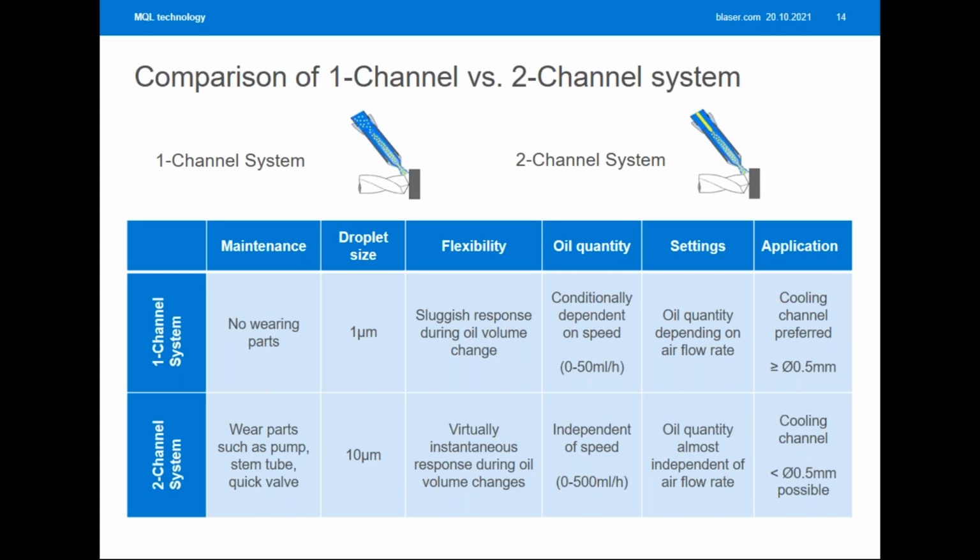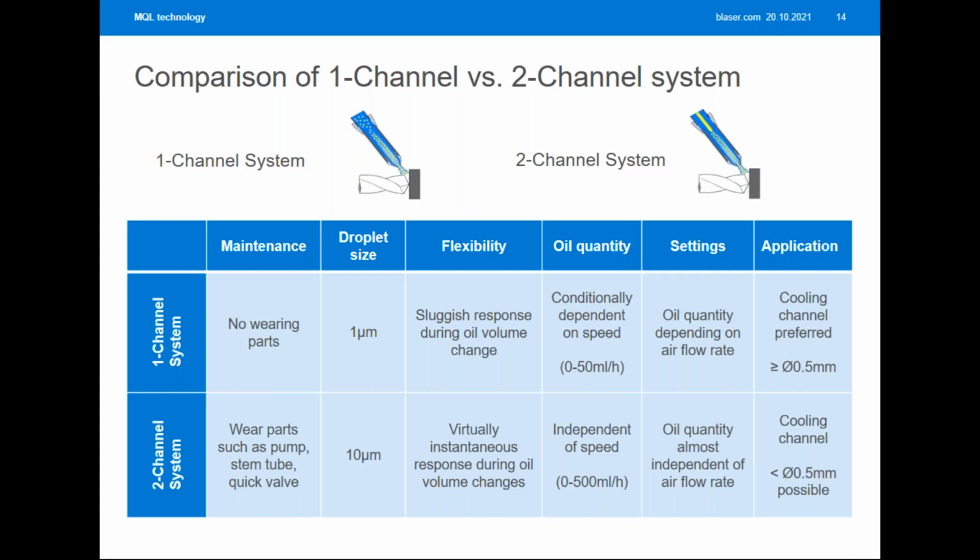Because the oil quantity is not depending on an airflow rate, because with one channel technology the saturation defines how much oil in terms of milliliters per hour can be transported into the cutting area, and with the two channel device this is much higher.